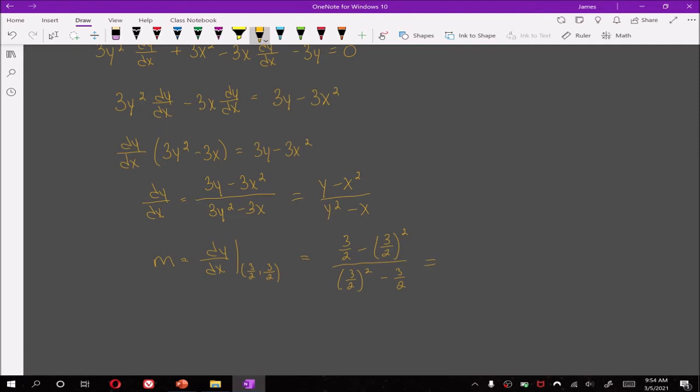Let's factor out a negative. All right, then we can write the numerator as 9/4 minus 3 halves. We'll have the denominator as 9/4 minus 3 halves. And if we look at this, we don't have to do any arithmetic. That winds up being just -1.